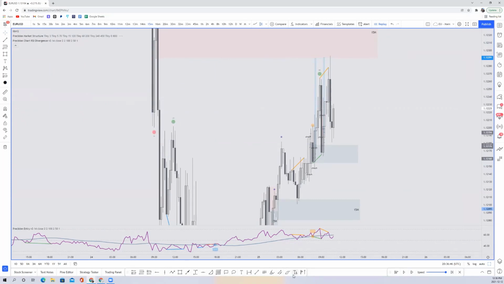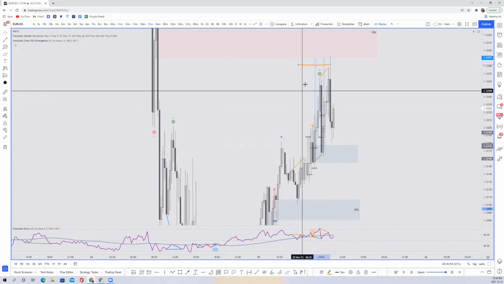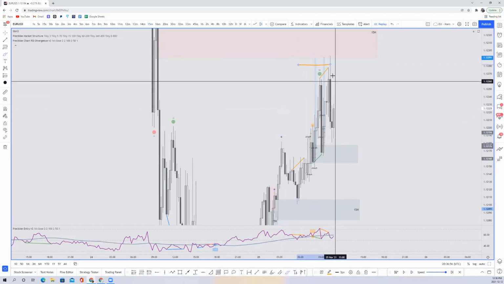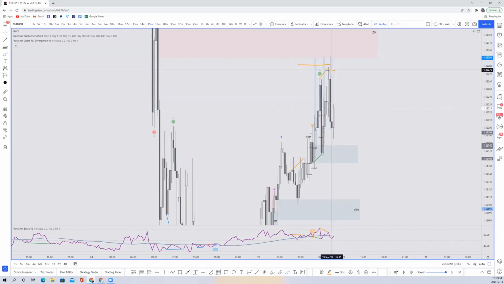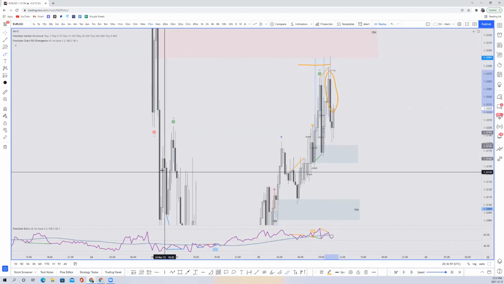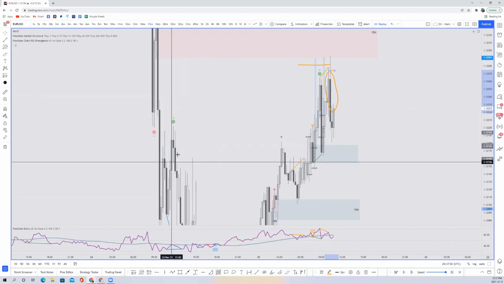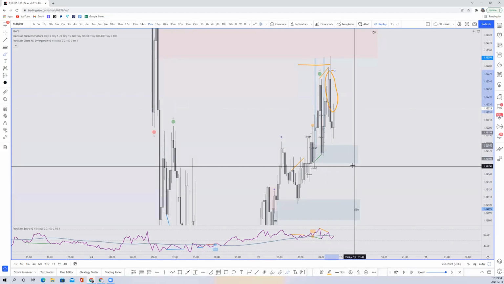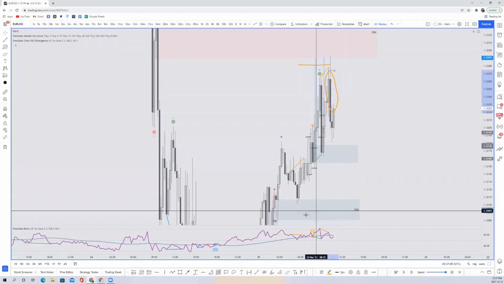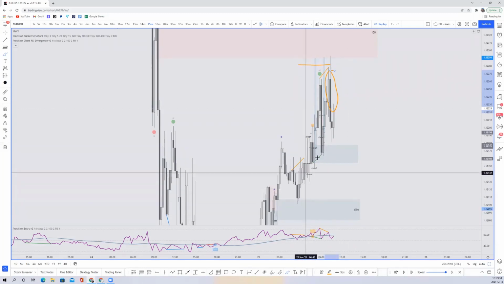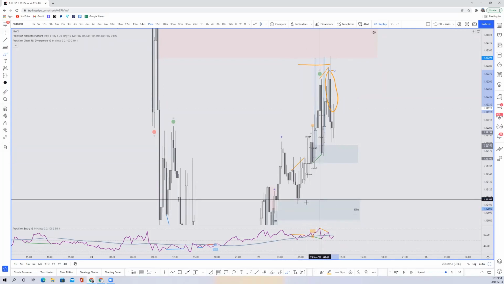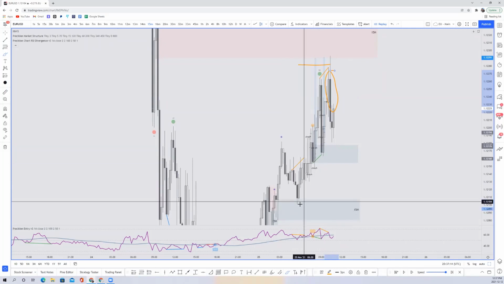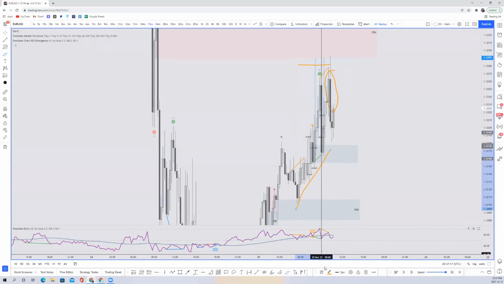So right here, you get a liquidation of an area. You barely tap this supply. I want you to notice this candle size. We got an engulfing candle. That could be willingness to go down. The only place we really have to go is probably somewhere into one of these POIs or down here and properly mitigate this wick a little lower and scoop up all this trend line liquidity.